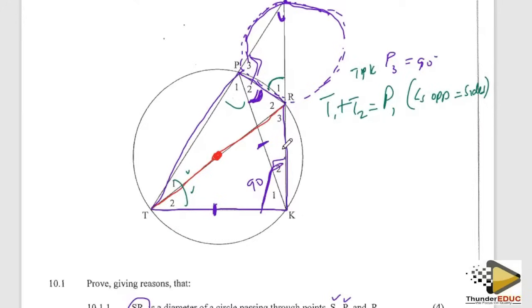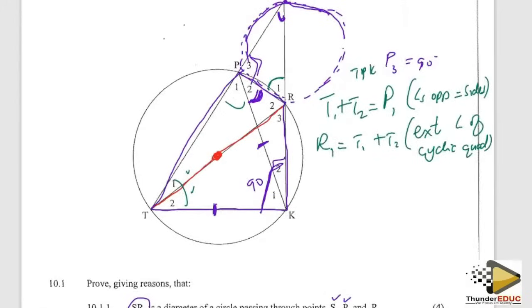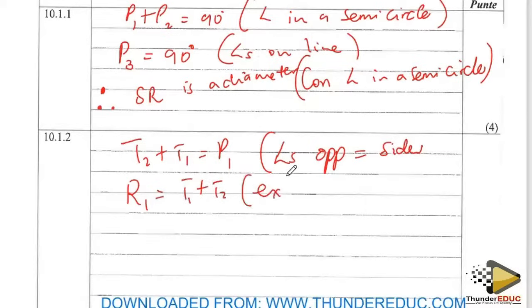If that is true, then I'm seeing that R1 is going to be the same as T1 plus T2. The reason is the exterior angle of the cyclic chord. Let me write it this side. T2 plus T1 is the same as P1, reason: angles opposite equal sides. And then R1 is the same as T1 plus T2 because of the exterior angle of the cyclic chord.